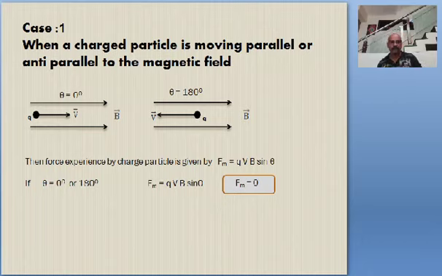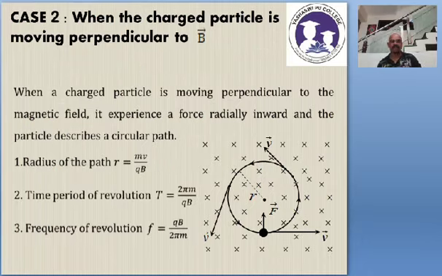Now, coming to the second case, we will get a different result. Here the charged particle is moving perpendicular to the magnetic field, exactly 90 degrees. That means the magnetic field and the velocity vector act at an angle of 90 degrees. In the diagram, you can see the cross mark.